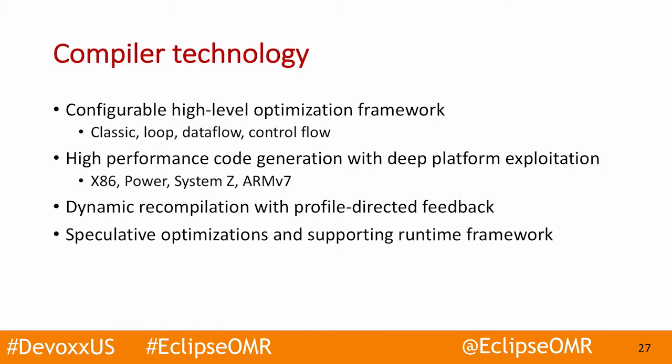So it's got a fairly wide base there. It does dynamic recompilation with profile-directed feedback. This is really where a lot of the performance out of this dynamic compiler comes from, which has been built in from the start. And it does speculative optimizations as well. So a lot of fairly advanced things that are in the box. That's good.